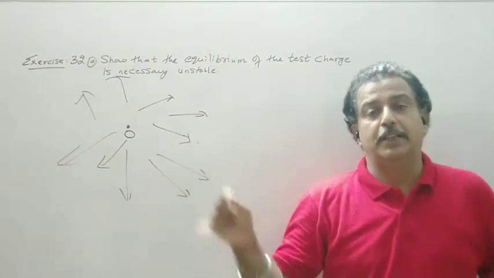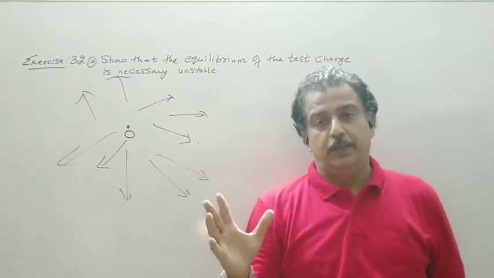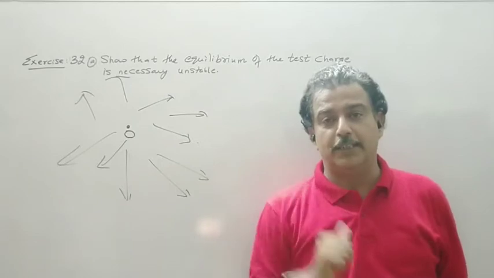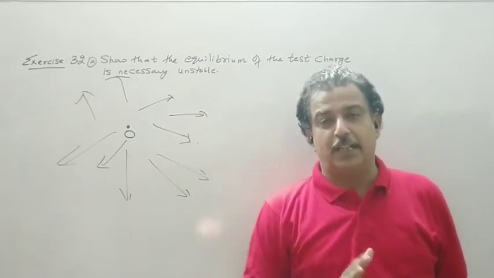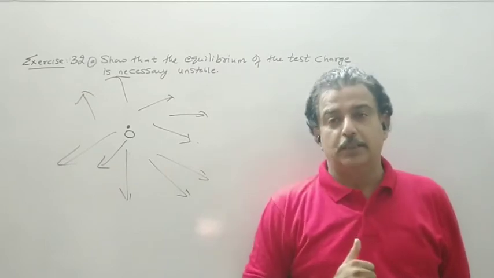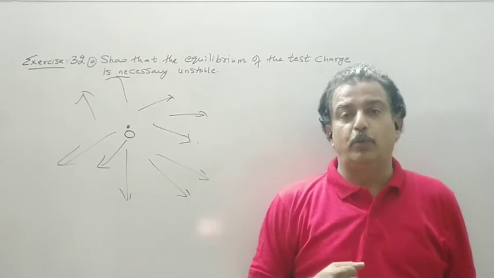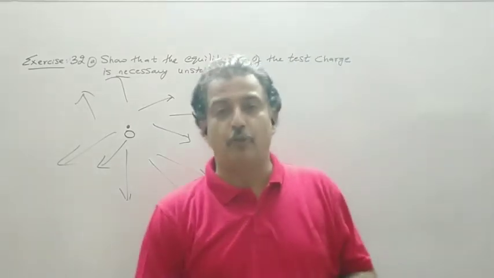Now there are two possibilities for equilibrium: either it is stable or unstable. If I move a test charge and it comes back to its original position, it will come back only when there is some restoring force.